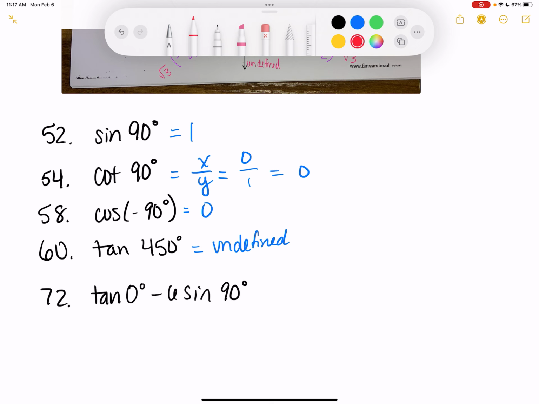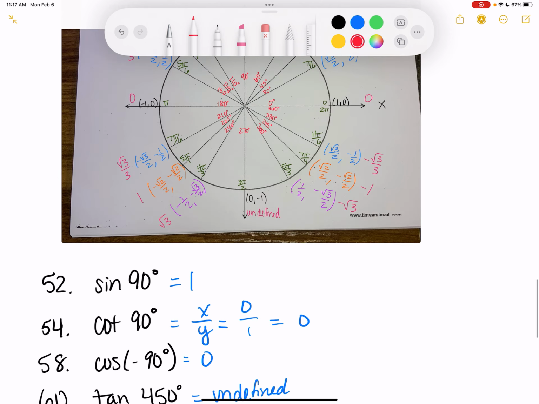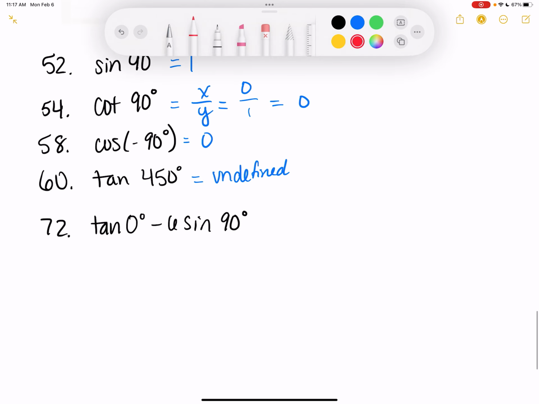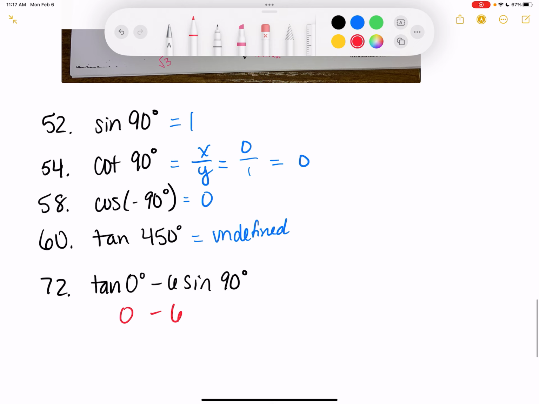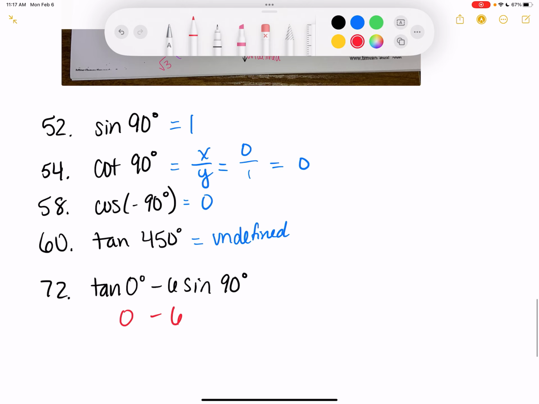So the tangent of 0 degrees is what? 0. Minus 6 times the sine of 90 degrees is what? 1. So that's just going to be negative 6.